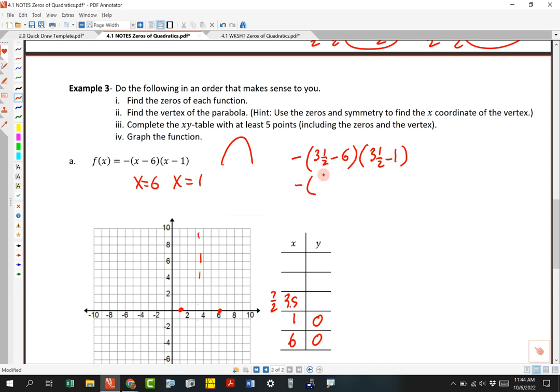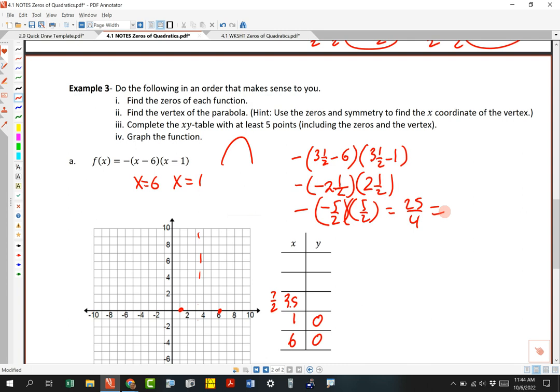That's going to give me negative 2.5. That's going to give me positive 2.5, which would be negative 5/2 and positive 5/2. Negative times negative is positive. This would be 25/4, and I don't need a calculator.